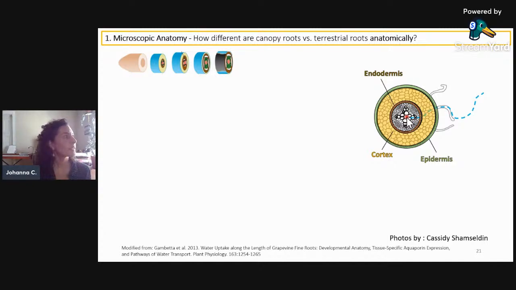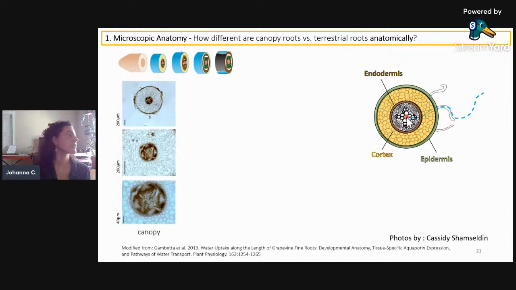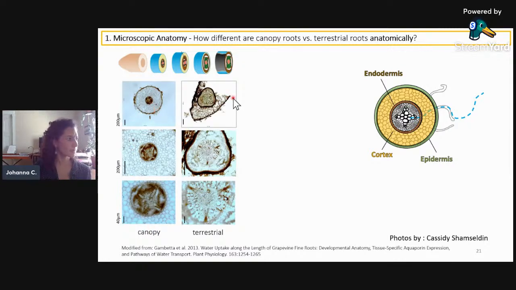Now I'm going to start showing the results. These are canopy roots, with different resolutions of the image, and these are terrestrial roots. What we see here is that we could distinguish all the different basic structures: the epidermis, cortex, and endodermis.